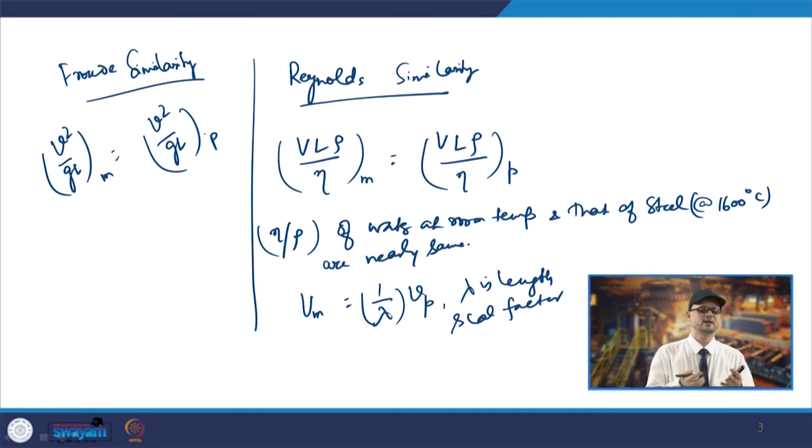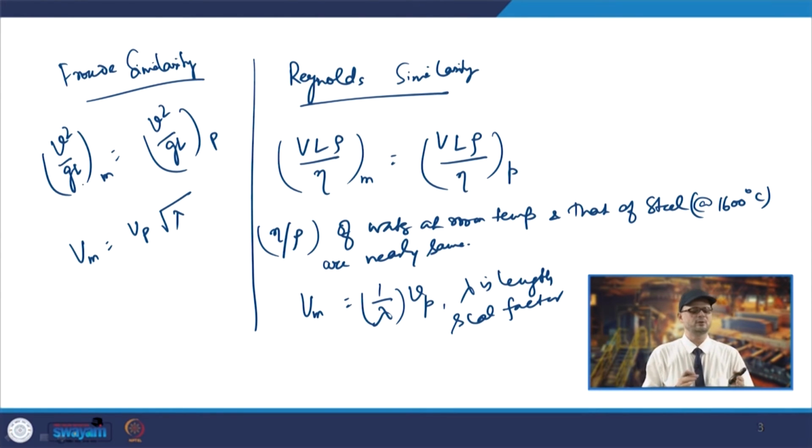So, Vm will be Vp into under root lambda, because Lm upon Lp is lambda.